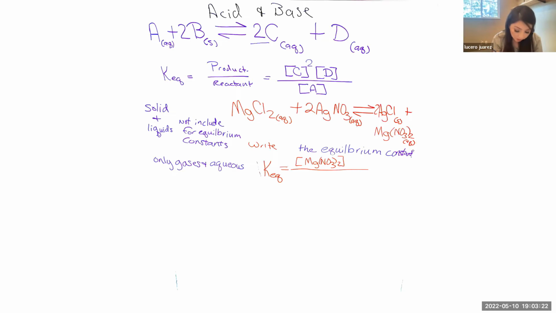So then on the bottom, it'd be bracket MgCl2, and then bracket silver nitrate with an exponent 2.